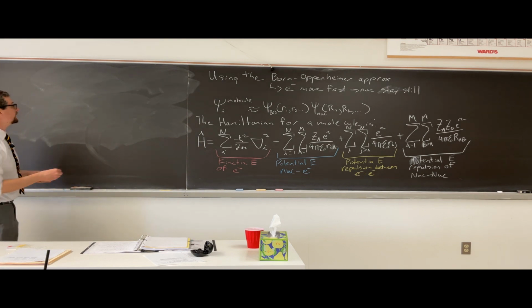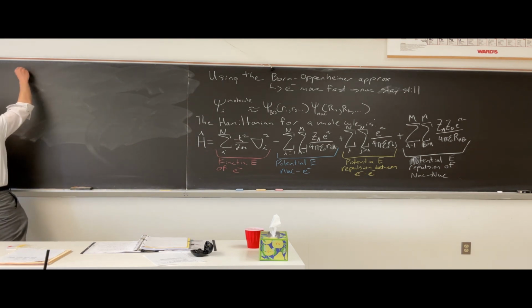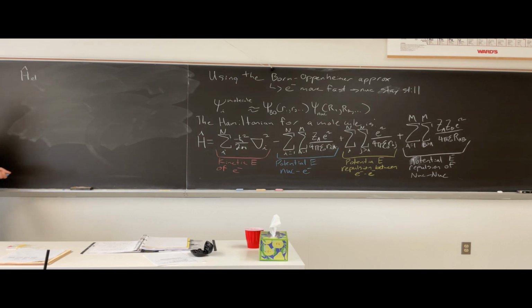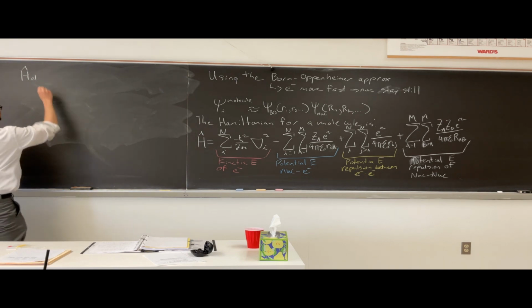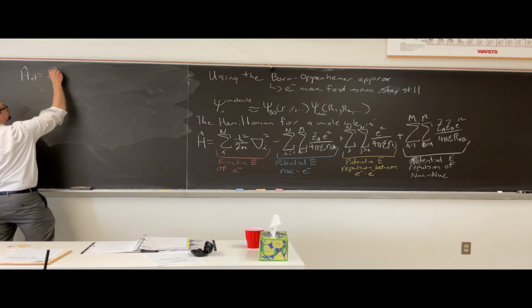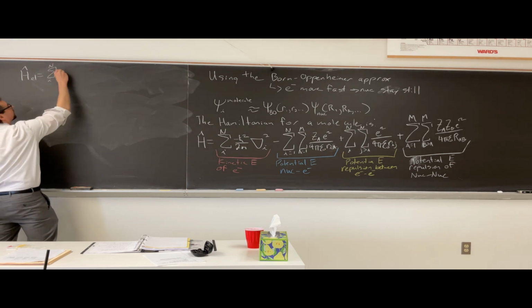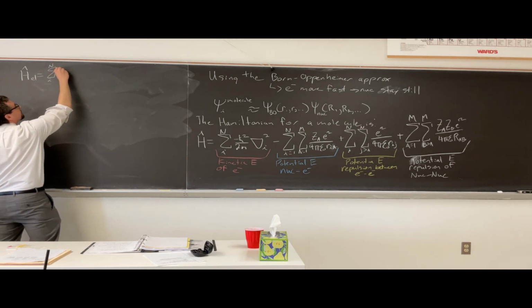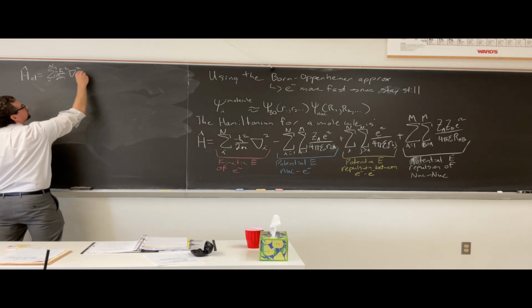So we can write a Hamiltonian of just the electrons. What's that going to include? Yep, first three terms. Because that's where all the electrons are, right?